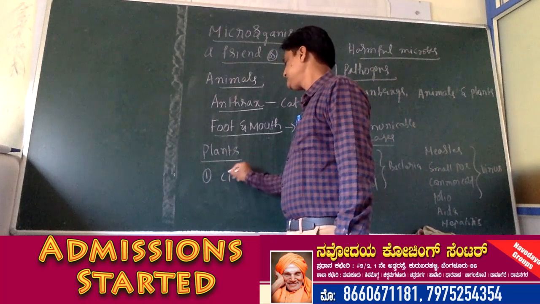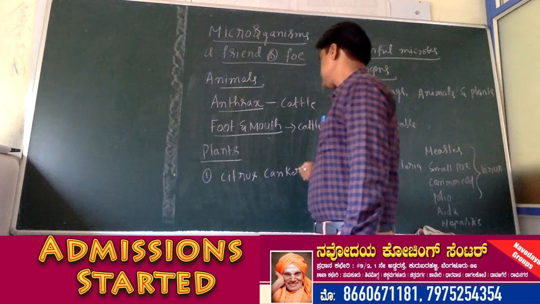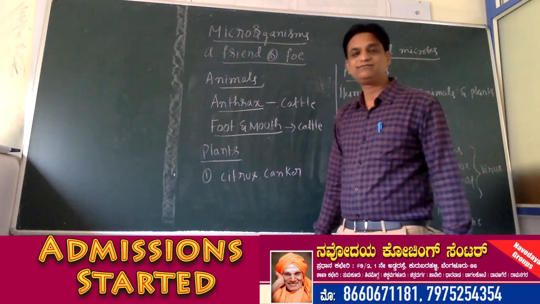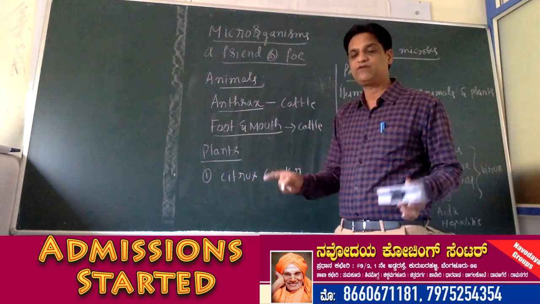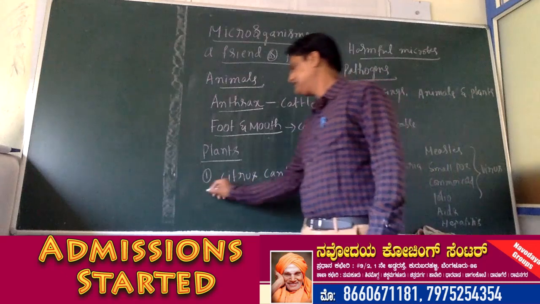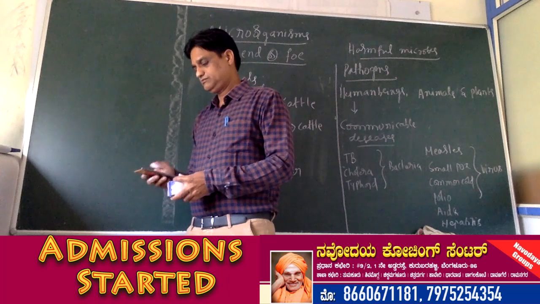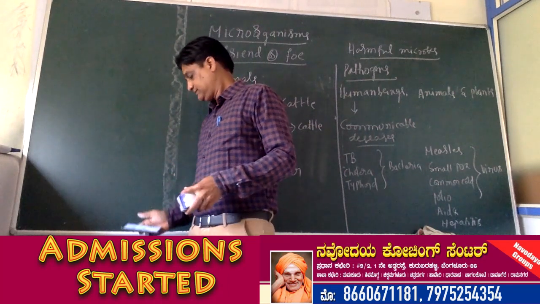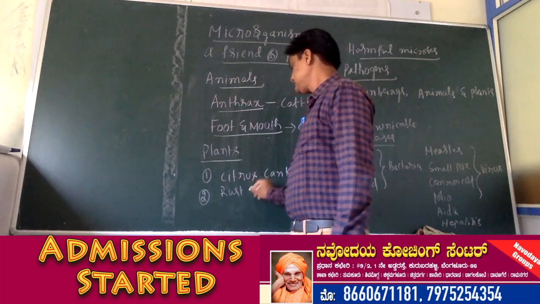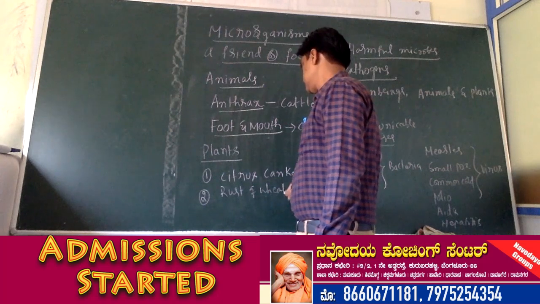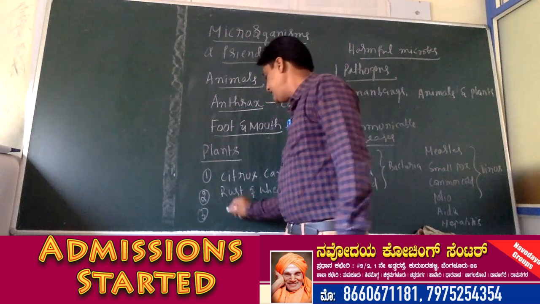One is citrus canker. It is commonly found in citrus plants. And similarly, another example is rust of wheat. And the third example is yellow vine.